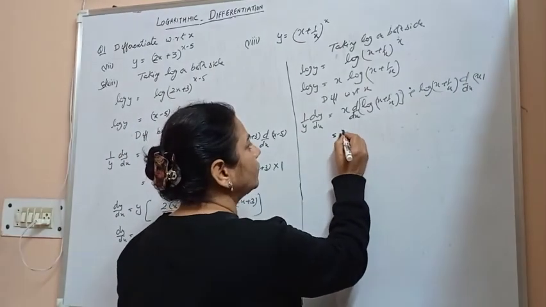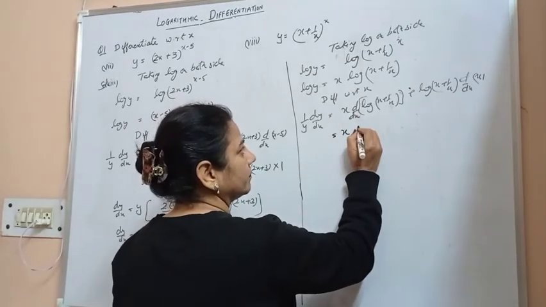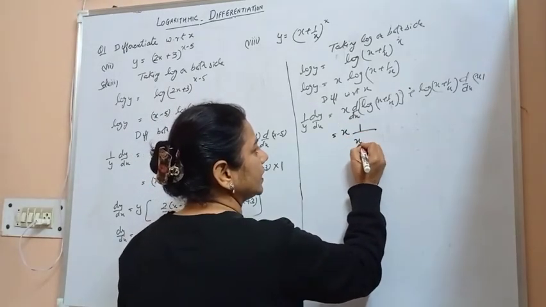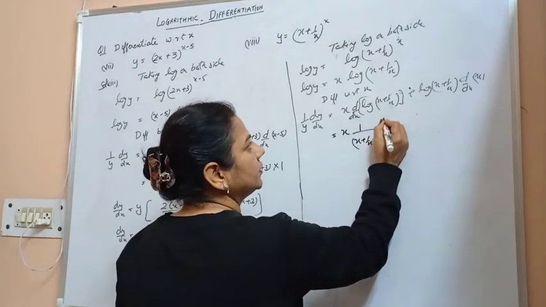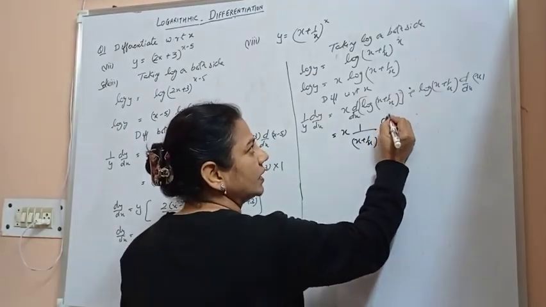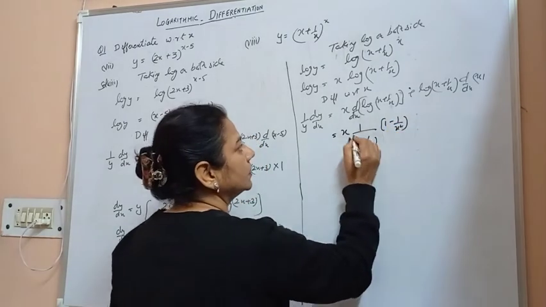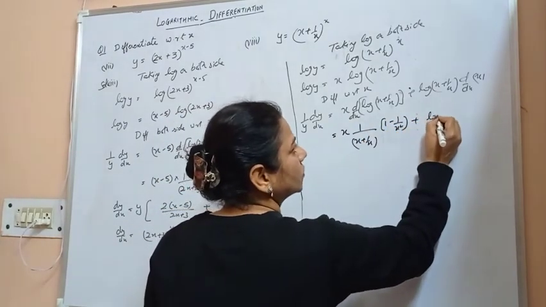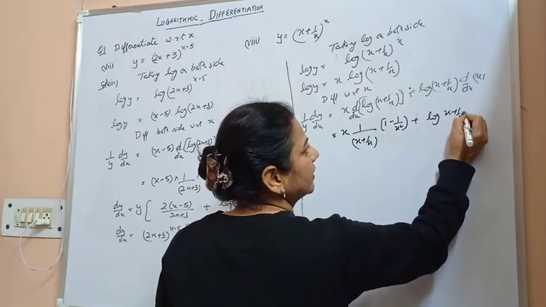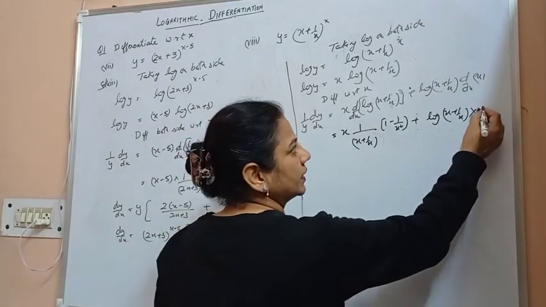Now the derivative of log (x plus 1 by x) is 1 upon (x plus 1 by x) into the derivative of x plus 1 by x, which is equal to derivative of x is 1 and of 1 by x is minus 1 by x square, plus log (x plus 1 by x) into derivative of x. Derivative of x is 1 into 1.